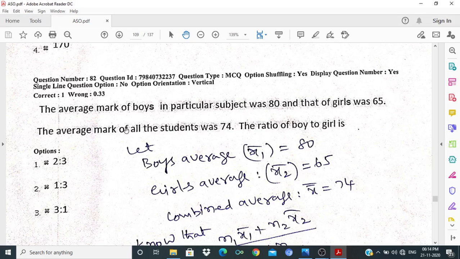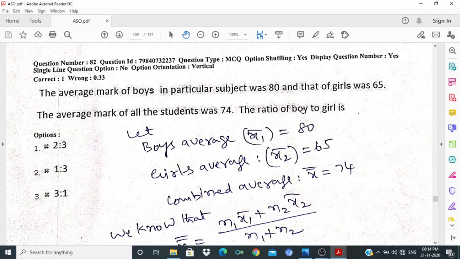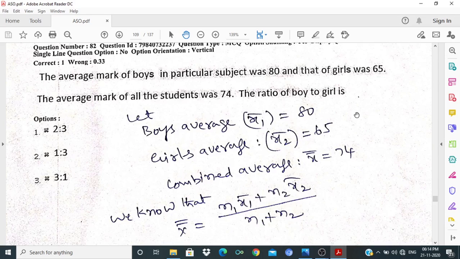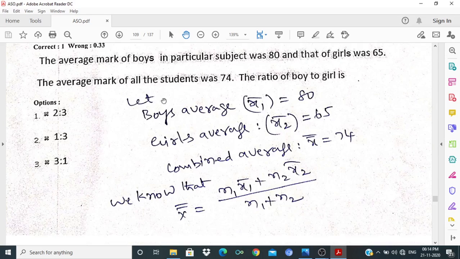The average marks of boys in a particular subject is 80 and that of girls is 65. The average mark of all the students is 74. This is about the combined mean. We are given x double bar is equal to n1 x1 bar plus n2 x2 bar by n1 plus n2. It is the combined mean. x1 bar is 80, x2 bar is equal to 65, x double bar is 74.